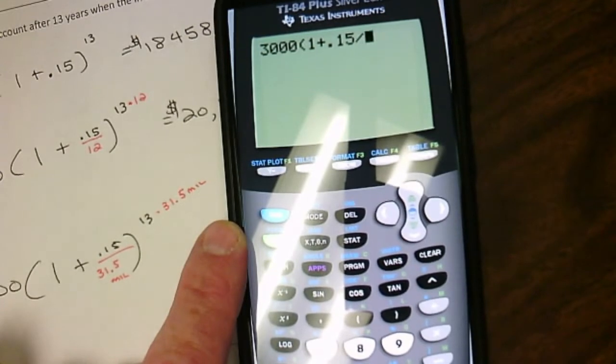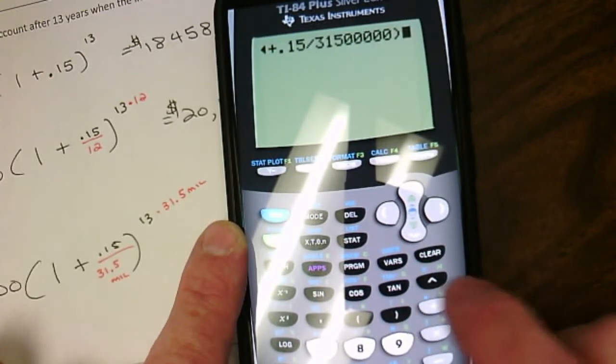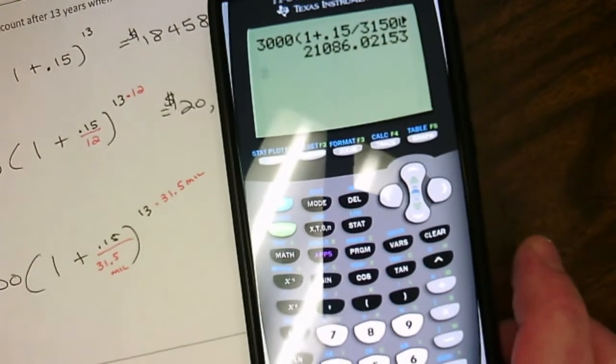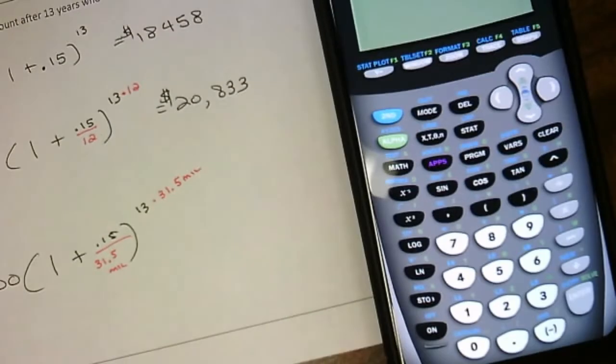Just for our purposes here, I'm just going to type in 31.5 million, raised to the 13 times 31.5 million. So $21,086 about.